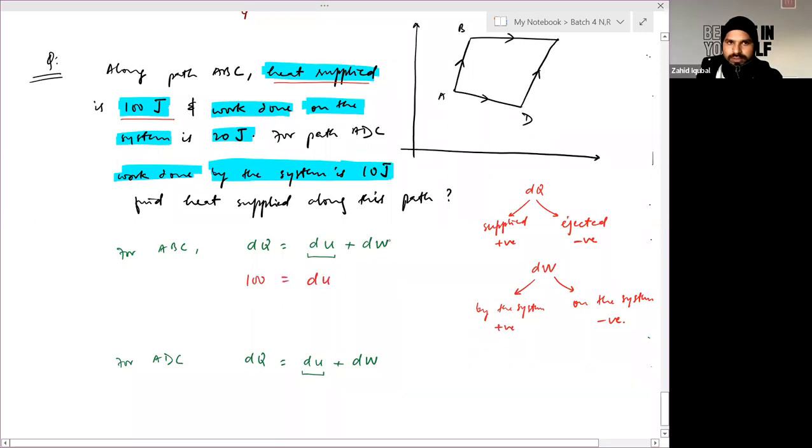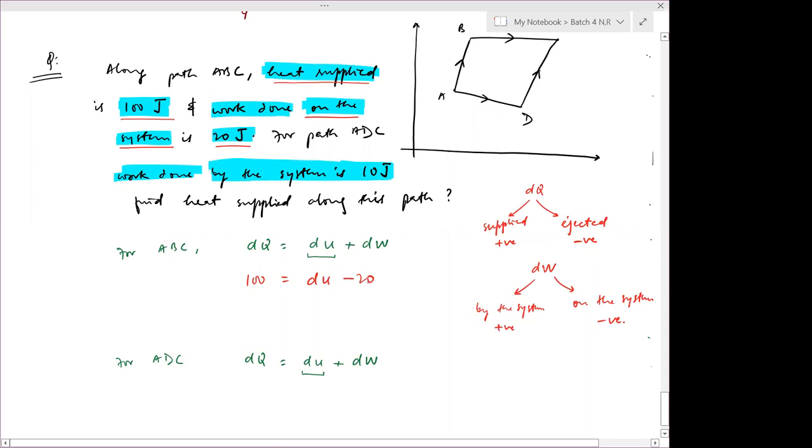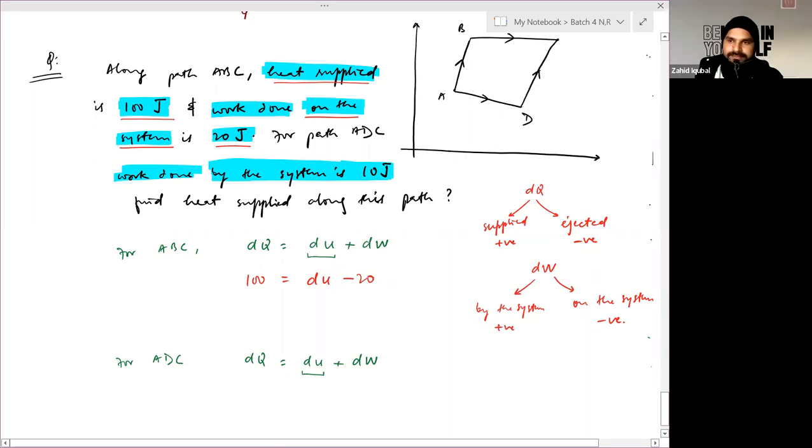And what about this work done on the system? Negative. Good. So if you move this negative sign to the left side, for the change in internal energy you get 100 plus 20, which is 120, equal to du.